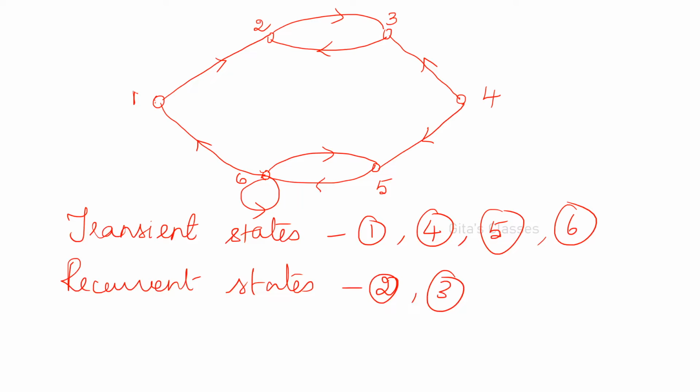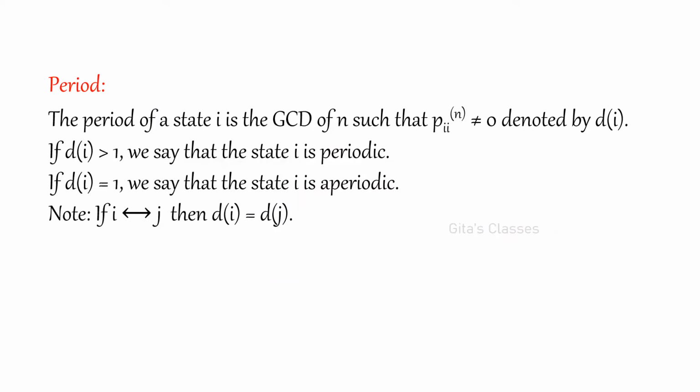Otherwise, they are transient states. That is, the probability of coming back is 1. It is a certain event. Then it is called a recurrent state. If it is not certain, then it is a transient state. Okay. So here 1, 4, 5, 6 are transient states and only 2 and 3 are recurrent states.